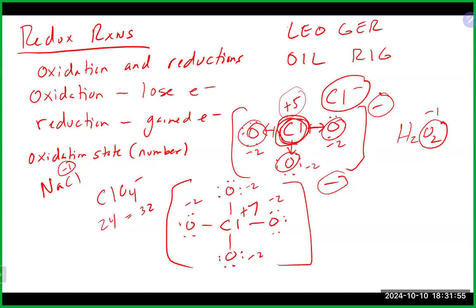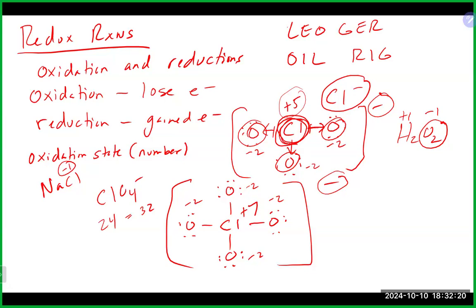Probably, like I said, 99 times out of 100, if you see an oxygen, it's probably safe to assume it has a -2 oxidation state. That would be the one exception where it would be -1. And that's because here hydrogen would be +1. When you add up all the oxidation numbers, they should equal the overall charge on that molecule. And since hydrogen peroxide is 0, it should add up to 0 when it's all said and done.